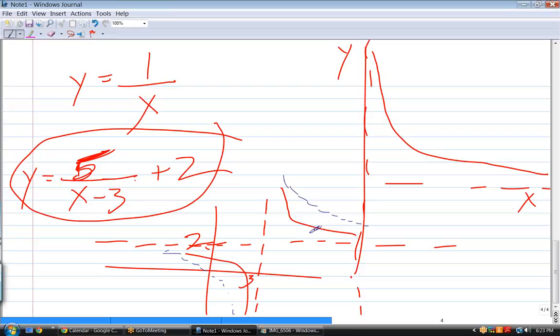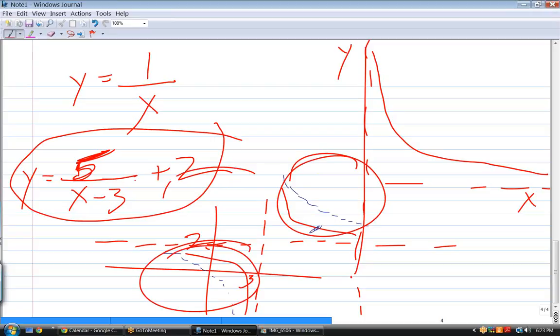Okay, so what if it was like a negative number in the numerator, would it just be on the opposite side of the graph? Yeah. In other words, these hyperbolic functions don't have to be in quadrants 1 and 3. They can be in quadrants 2 and 4. Sometimes they can be in 1 and 2.